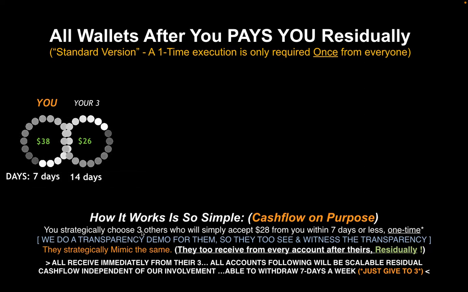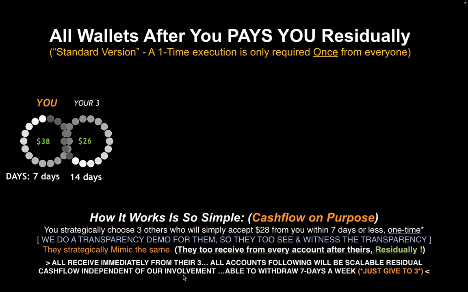Everyone choosing 3 others who will simply accept $28 from them within 7 days or less. They too all receive immediately from their 3. All accounts following will be scalable residual cash flow independent of their involvement.